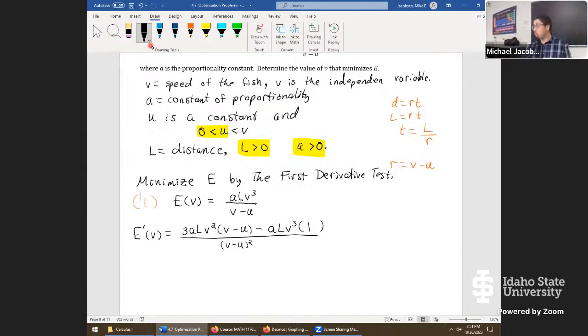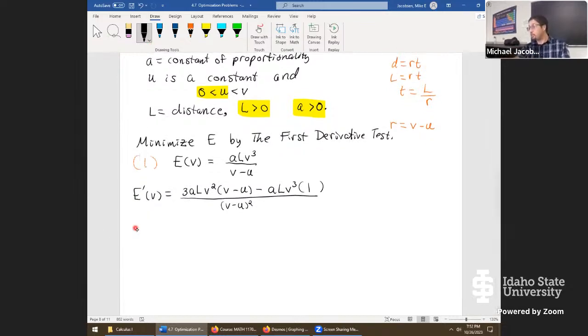So there's our first derivative. Now what we want to do next is spend quite a lot of time just simplifying the thing so we can get the critical number in a rapid way. Let's expand 3ALV squared into that group. When it multiplies, it'll just bump up the power of v by 1, so 3ALV cubed. And when it multiplies this way, we're just tacking on the constant u.